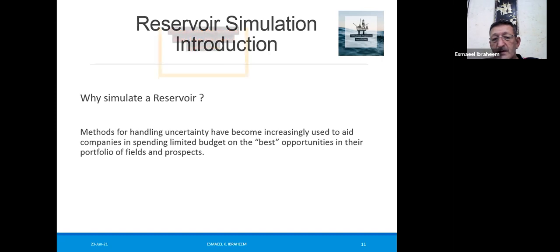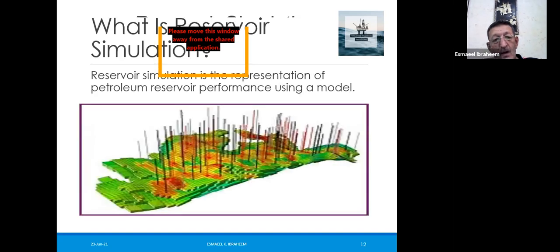This can be done by the simulator, and the simulator will show you the shortcuts, where and when to use the recovery or EOR process. What is a simulator?